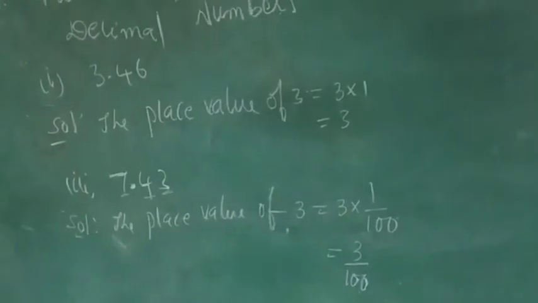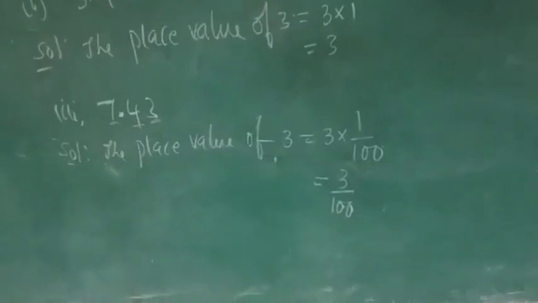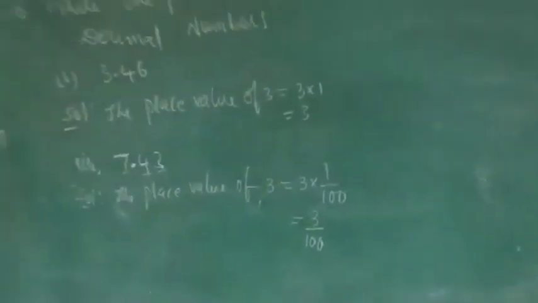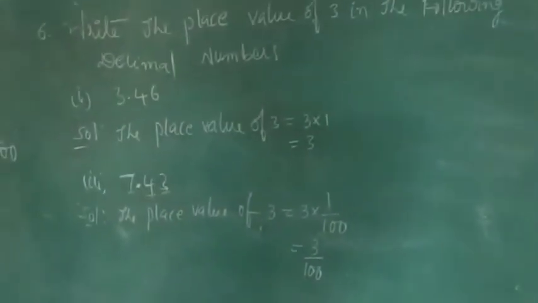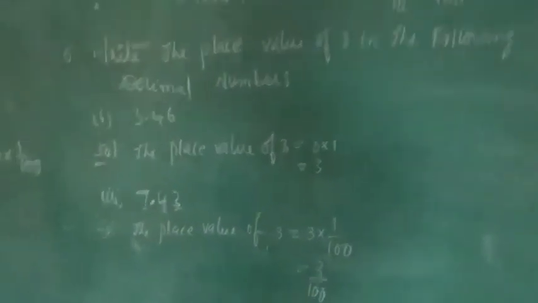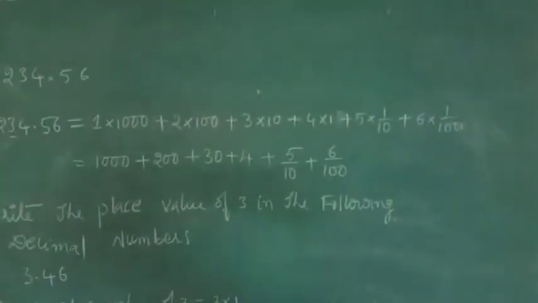Then I would like to explain you the fourth one. What is the fourth one? 90.30. Here is given 794.037.